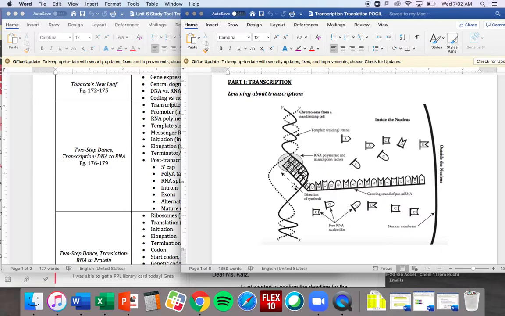That hydrogen bonding being weak is very temporary, and the string of RNA falls off the DNA almost as quickly as it's synthesized. So as RNA polymerase is moving 3 to 5, it's building 5 to 3, a new RNA strand, until it reaches the terminating sequence, which tells it, hey, this is the end of a gene, you could fall off, and we could all carry on with our lives.